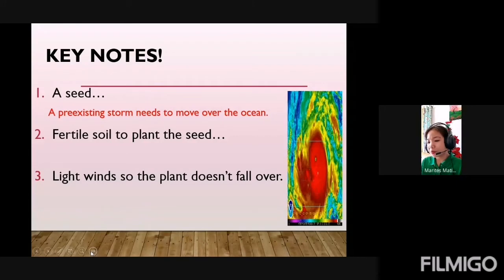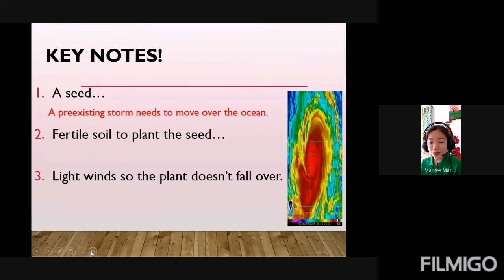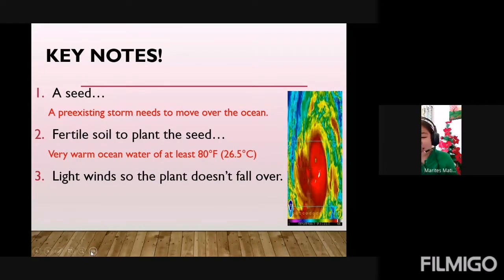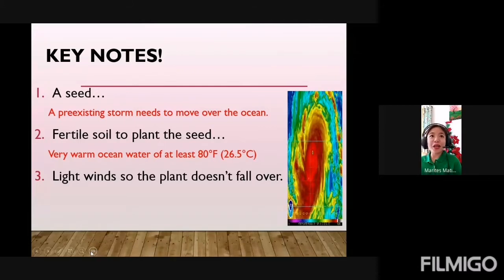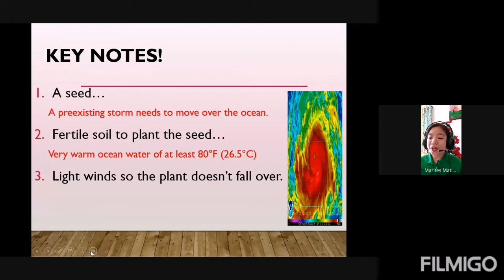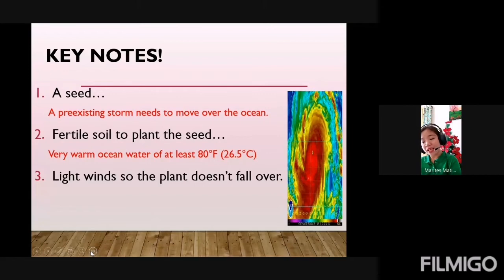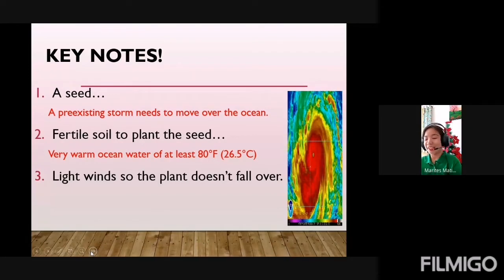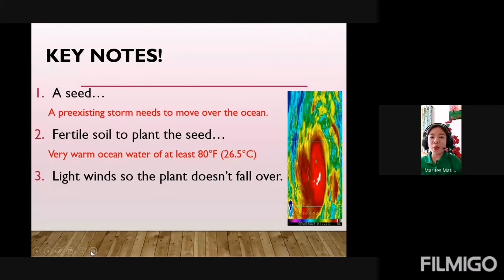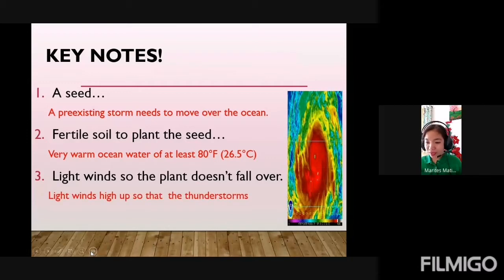Okay. Now, how about the fertile soil to this plant? Ayan. So, ang pinaka-fertile soil natin dyan is, ayan, kumbaga, fuel natin. Ayan. So, we must have a very warm ocean water for at least, ayan, round it off, 80 degree Fahrenheit or 26.5 degree Celsius. Then, yan.